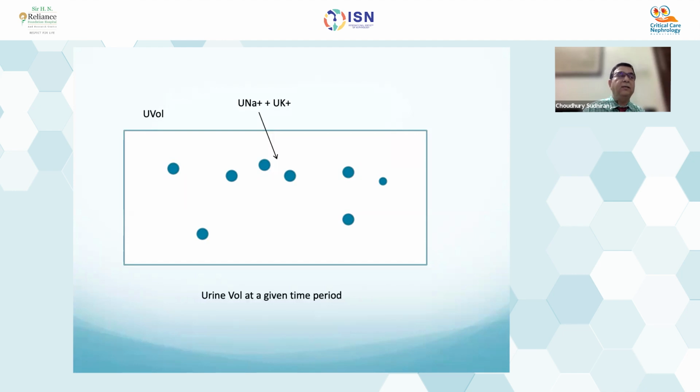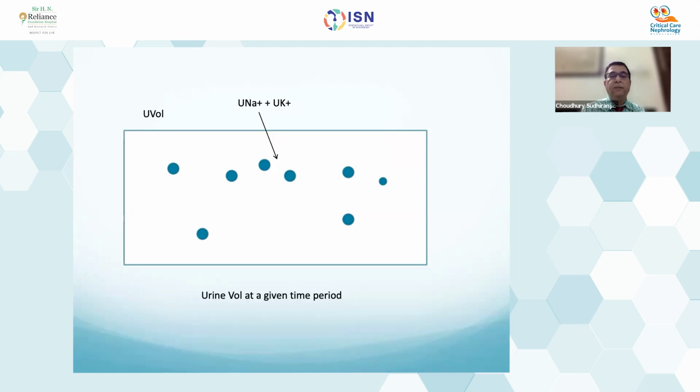You cannot leave it open when the patient or the nurse asks you, doctor, how much water restriction do you want? In that scenario, you have to calculate the free water excretion by different formulas. So let us say the urinary volume is like this. Always calculate the urinary sodium along with the urinary potassium. Urinary sodium alone will not give you any answer if you want to estimate urinary free water.